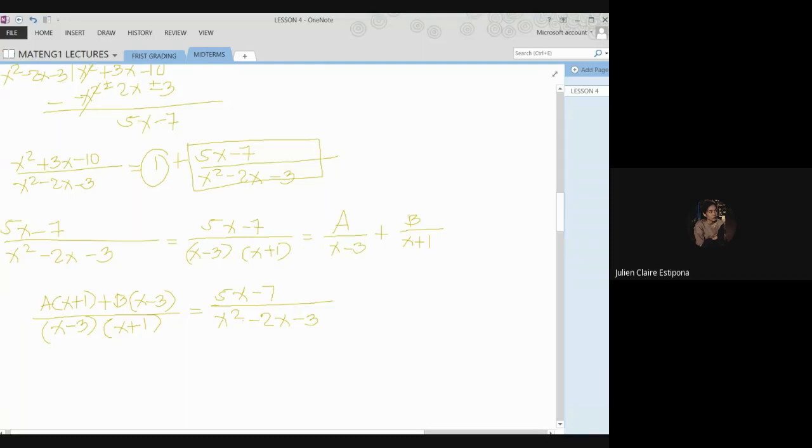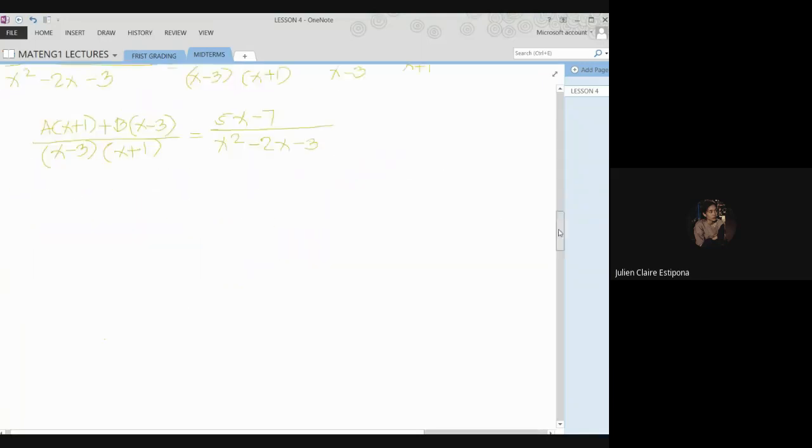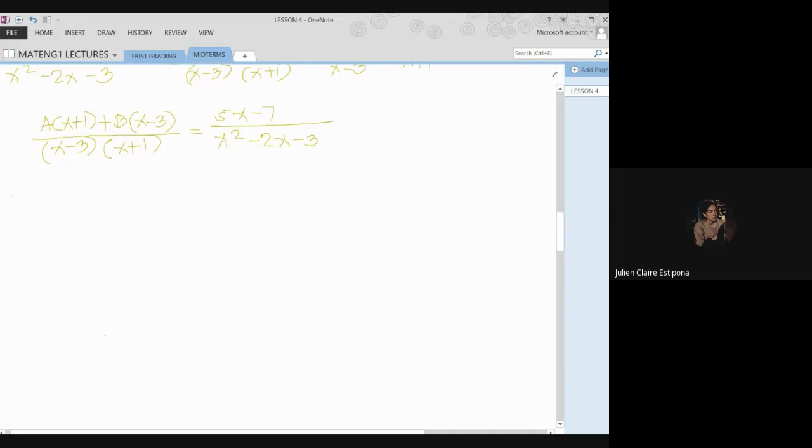So if we have that one, let us get again the numerators to get the value of A and B. So copying that one, 5x minus 7 is equal to A multiplied by x plus 1 plus B multiplied by x minus 3.